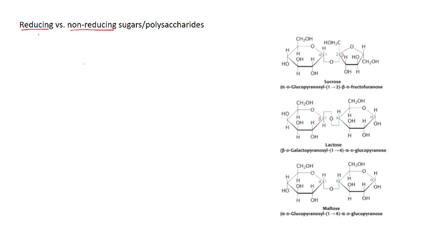So it turns out that carbonyl-containing compounds can reduce copper. Specifically, they can reduce copper 2 ions. So the way it works is something like this.